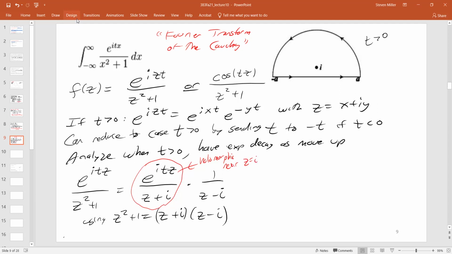So this is going to have residue e to the i t i over i plus i, or that's e to the negative t over 2i. Does everyone see how we got that?